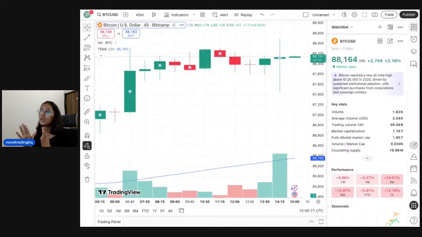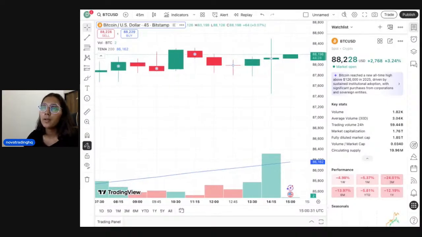Until we lose structure, meaning a lower low or a strong close below 87,100 to 300 something, this trend remains intact. This is not distribution yet, but rather continuation. With this, I want to stop here, and that's the overall analysis of Bitcoin.